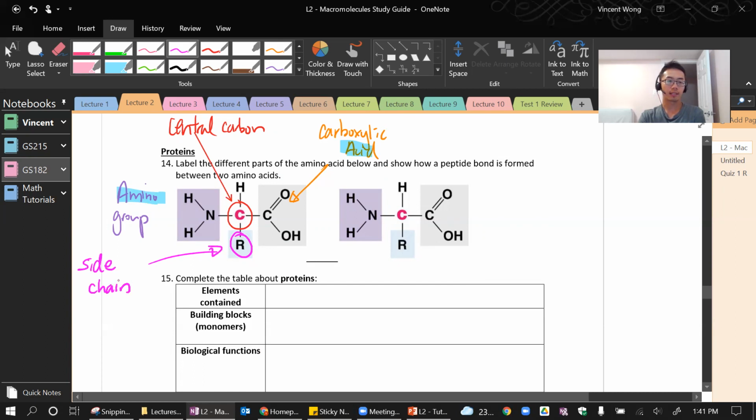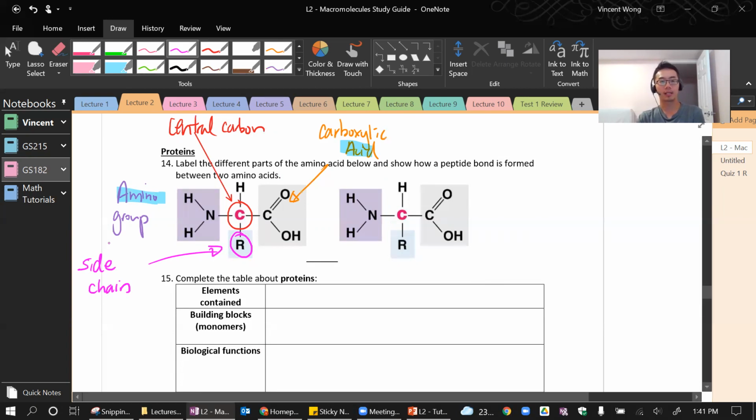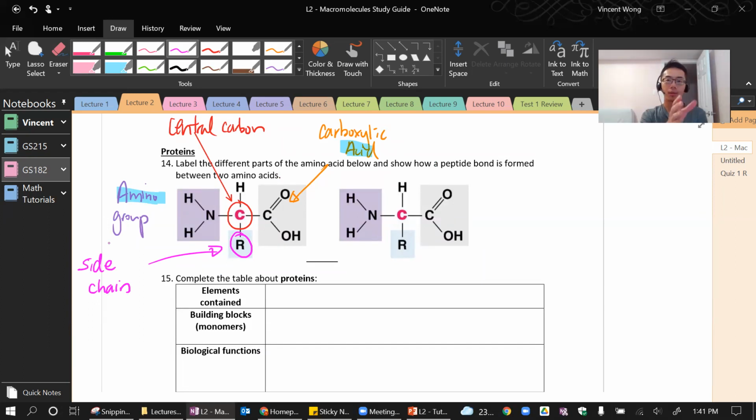And the side chain is what gives the amino acid its unique property. Like I said, there are 20 different amino acids, and you can see them in the PowerPoint slides that I have for you. Some of them are going to be non-polar, some polar, some might have a positive charge, some might be acidic, some might be basic. So there are a bunch of them.